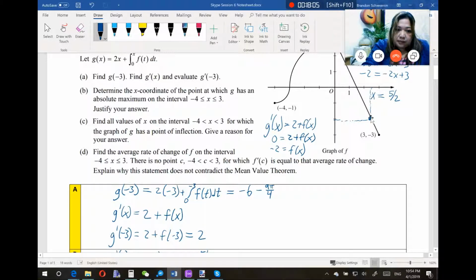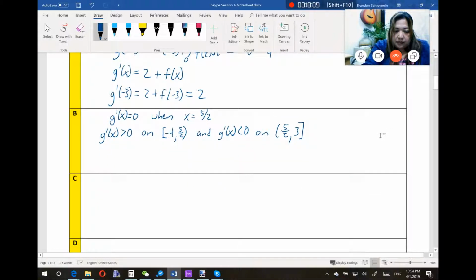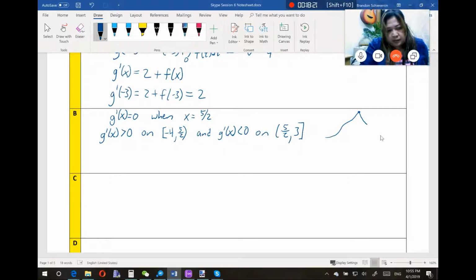After our relative maximum, our function decreased until the end of the graph. So that means our original function did something like this. We were increasing until we hit our relative maximum, and then we decreased at the end. So because it was increasing and then decreasing, do we have enough evidence to prove that this was the absolute maximum?